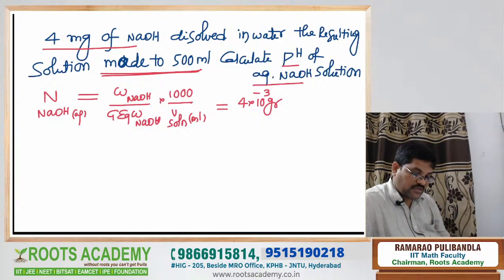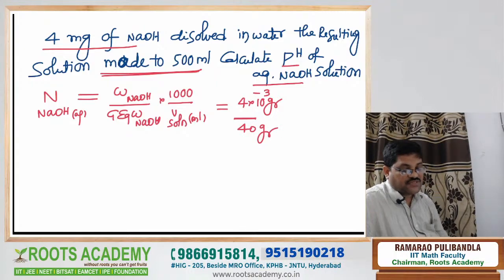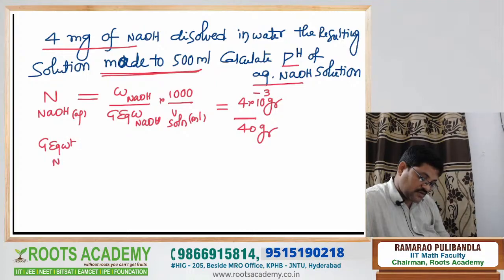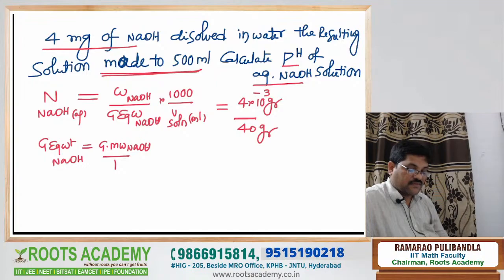But what is the equivalent weight? Equivalent weight of NaOH is 40 grams. Because how do you get equivalent weight? Gram equivalent weight of NaOH is equal to gram molecular weight of NaOH by OH minus ions, which is 1. What is the gram molecular weight, Nana? 40 grams by 1, that is equal to 40 grams.